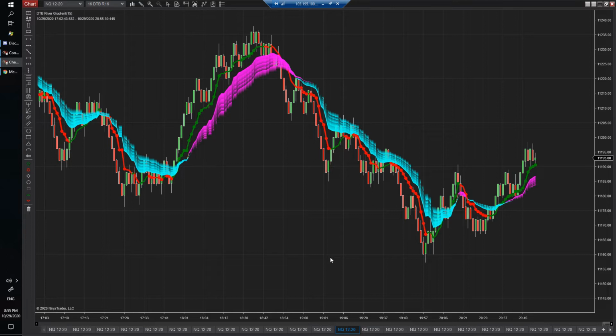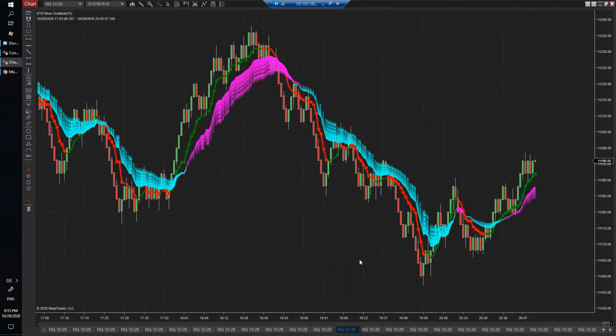The next indicator we're going to review is the river gradient. So a pretty cool indicator that's just going to give you an indication of price, where it is, and where the support and resistance is, and how this indicator basically holds price down and shows you the general trend of the price.